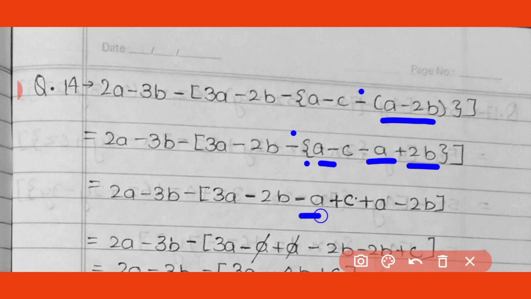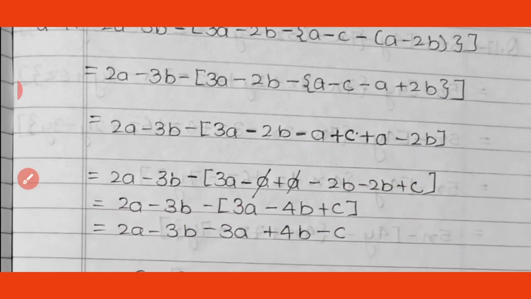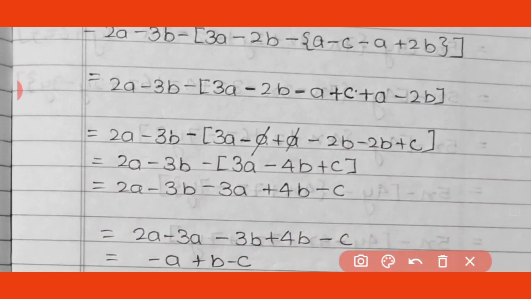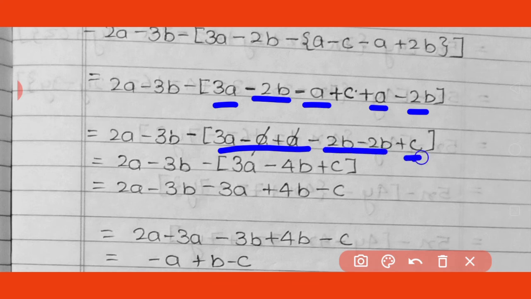Plus a changes into minus a, minus c changes into plus c, minus a changes into plus a, and plus 2b changes into minus 2b. Now we will put together the like terms, and the outside terms will remain the same, with no changing. So 3a minus a plus a, minus 2b minus 2b, and plus c.